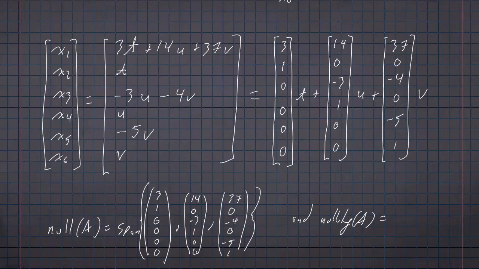And because those three vectors must be linearly independent because we got that matrix into reduced row echelon form, those three vectors form a basis. The dimension of the null space is 3, and that's what we call the nullity.